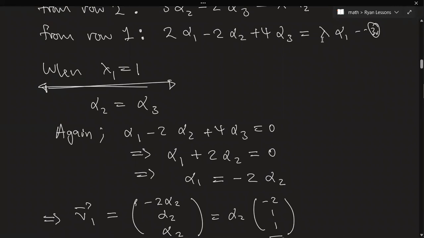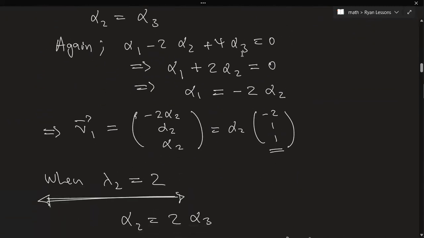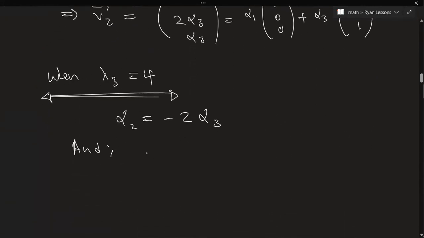And same thing, put 4 here. I'll have 4 alpha 1, take this alpha 1, I'll get 2 alpha 2 is equal to all that. And I'll have 2 as a common factor, so I can divide so that I'm left with alpha 1 is equal to 2 alpha 3 minus alpha 2.